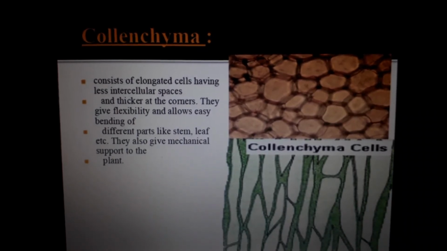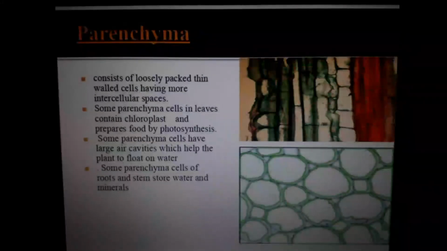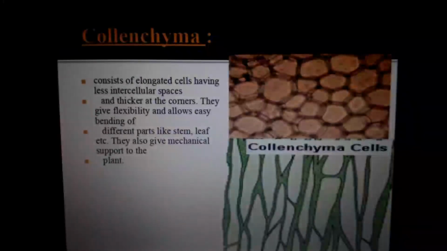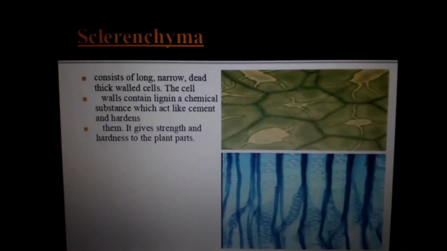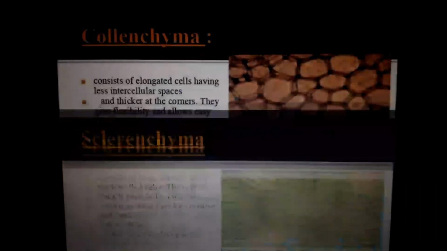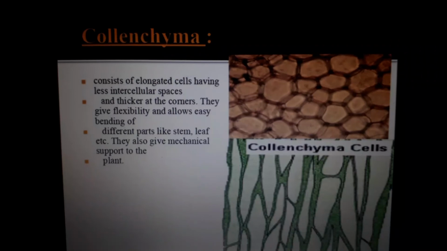This consists of elongated cells having less intercellular spaces. Intercellular spaces are very few in parenchyma, medium in collenchyma, and almost zero in sclerenchyma. Thicker at the corners, they give flexibility and allow easy bending of the trees.